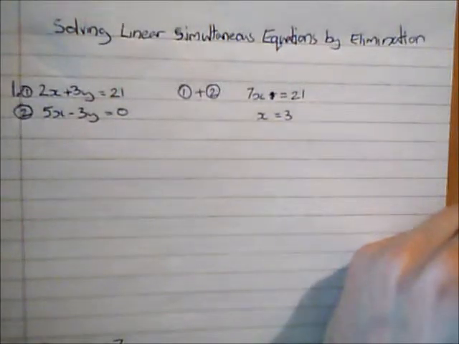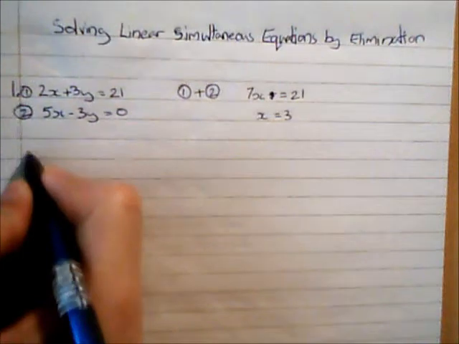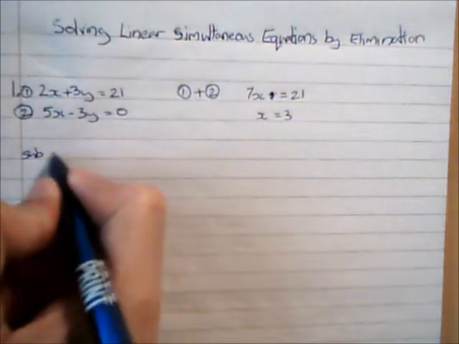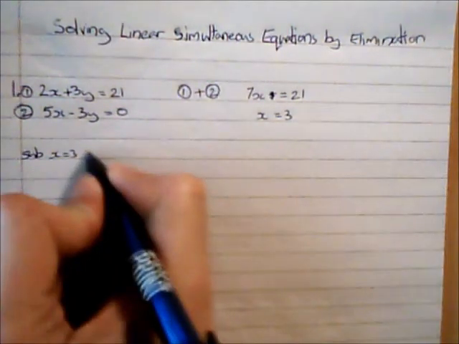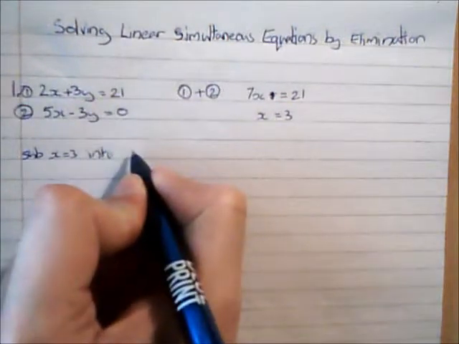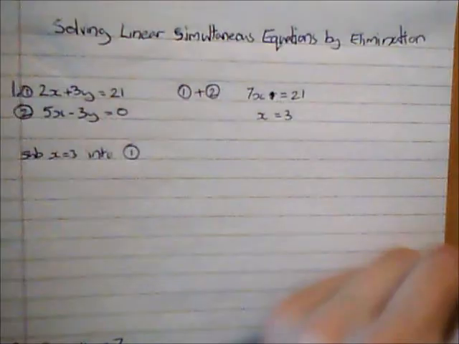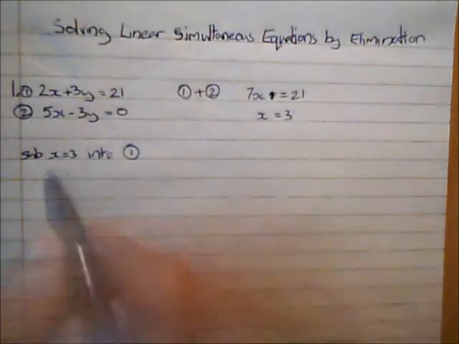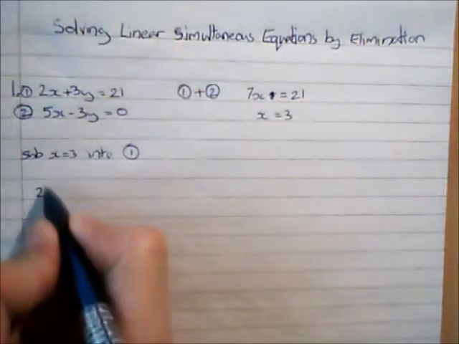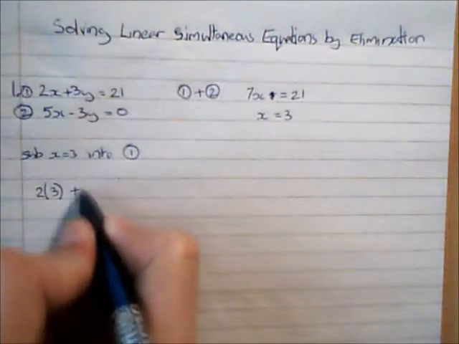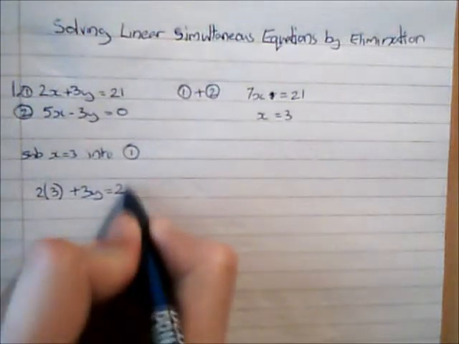And once I've got that value of x, I'm going to sub x equals 3 into, and it doesn't matter which equation here, I'm just going to use equation number 1. So 2 lots of 3, add 3y equals 21.